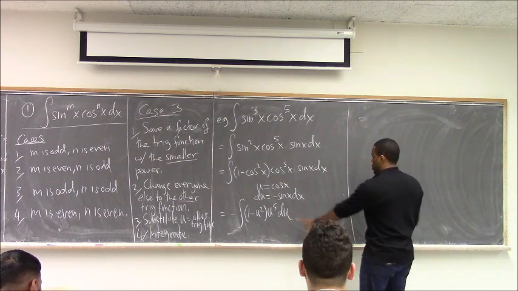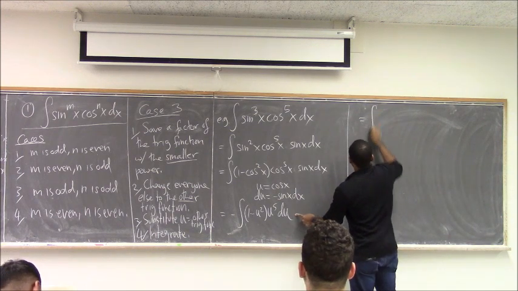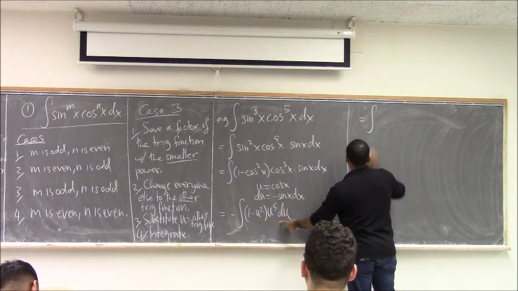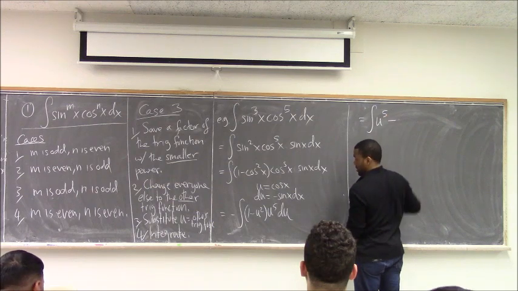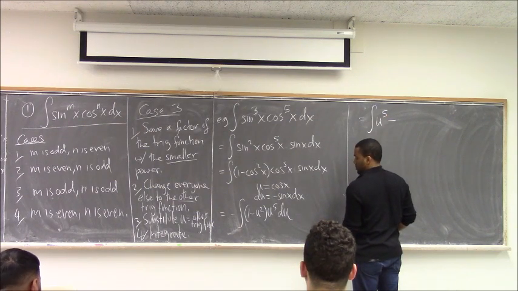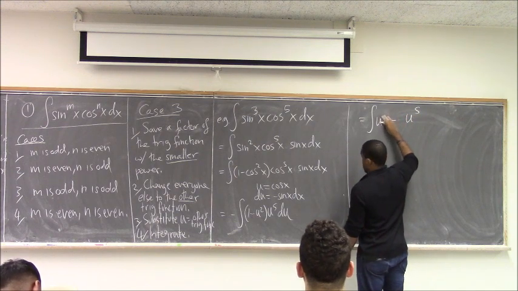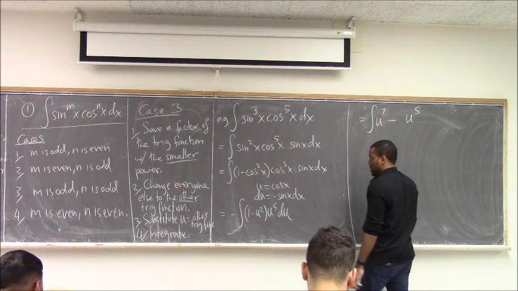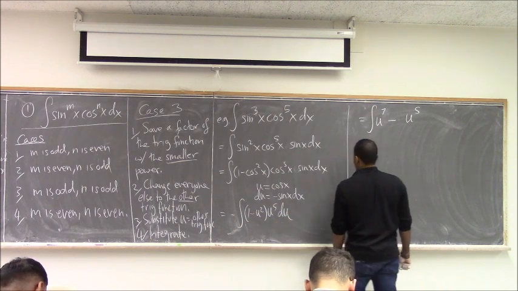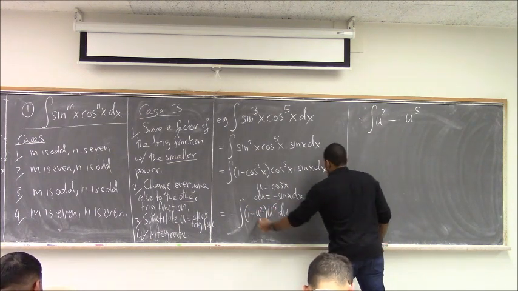This is equal to, I'm going to distribute the negative while I'm expanding, so that's u to the 5th minus u to the 7th, and I brought in the negative sign.